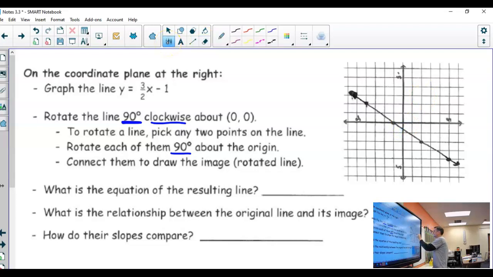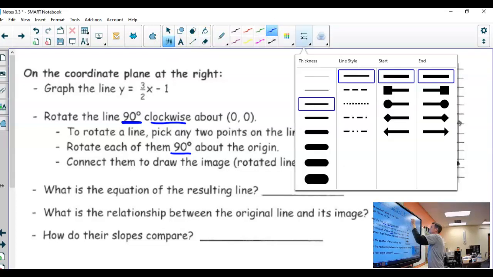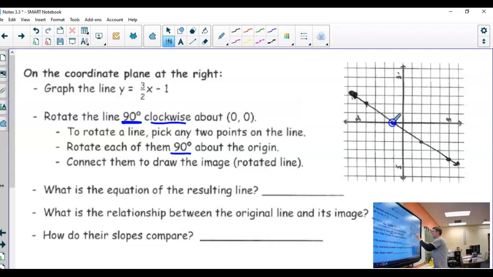So those two points ended up right here and right here. So they ended up at -1, 0 and 2, -2. All right, that's where my two are. There's -1, 0 right there and 2, -2 right there.